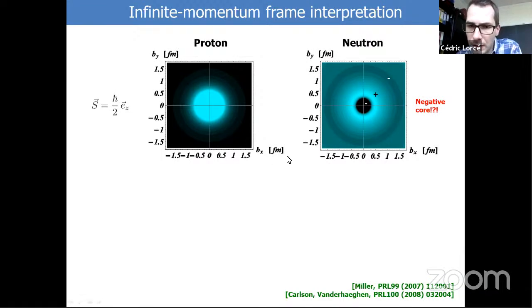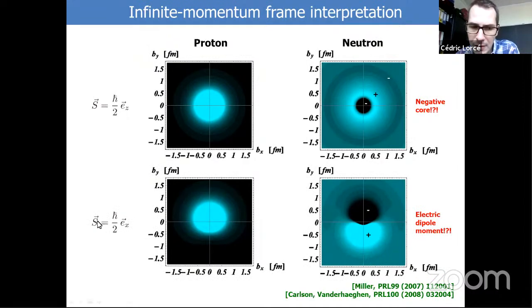The other thing that is also interesting is that for these 2D charge distributions in the infinite momentum frame, if you polarize the system in the transverse direction, so you have to think that this is the picture when the proton is moving towards you with the speed of light. So if you look at the polarization in the transverse direction, the x direction, the charge distribution is not axially symmetric anymore.